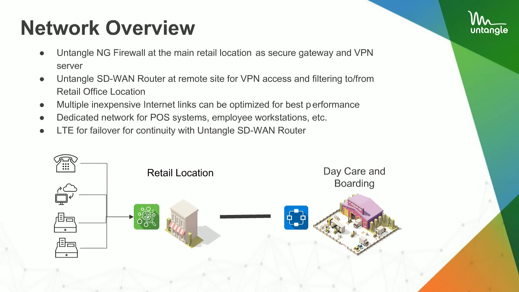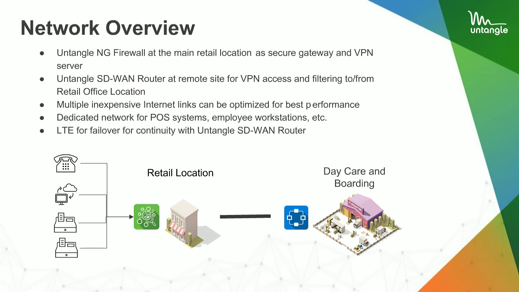So the way that we would set this up is we would have an Untangle NG Firewall at the main retail location, acting as the secure gateway and a VPN server. You would then have Untangle SD-WAN routers at the remote retail location and also at the daycare and boarding facility.